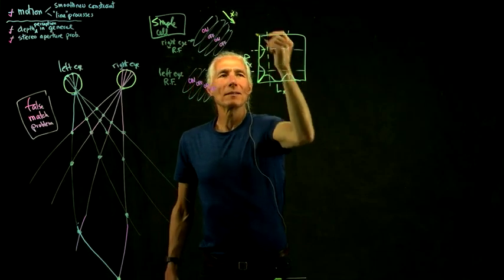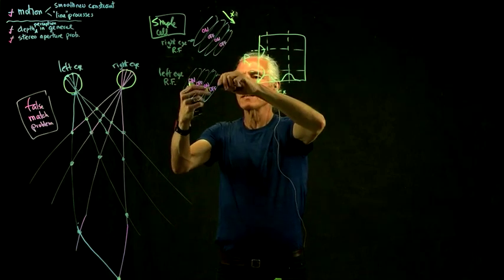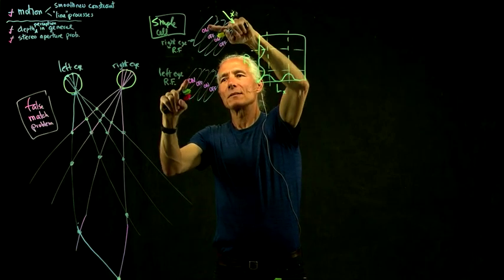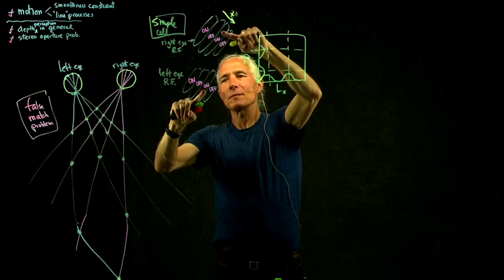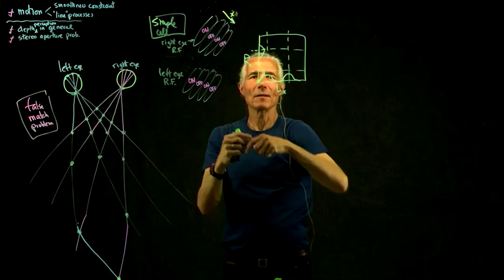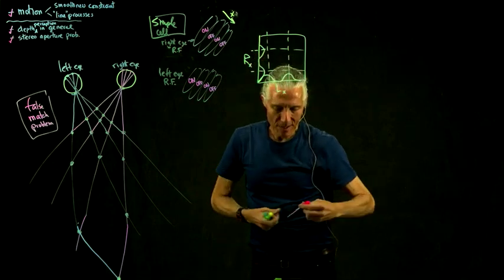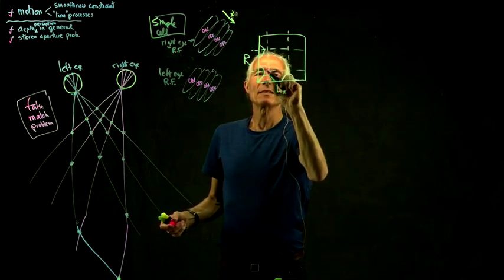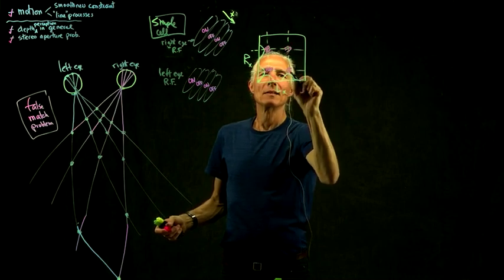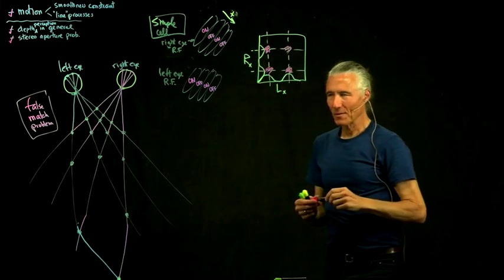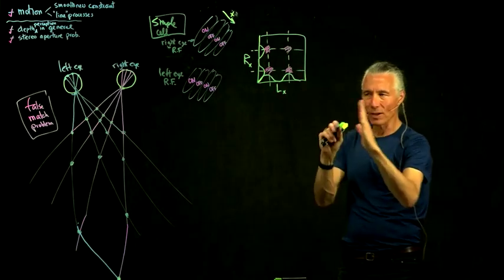So there are 4 possible combinations: bright spot here, bright spot here, bright spot here, bright spot here. Any of these combinations could activate the cell. So the cell is kind of ambiguous. It doesn't really know what the offset is.